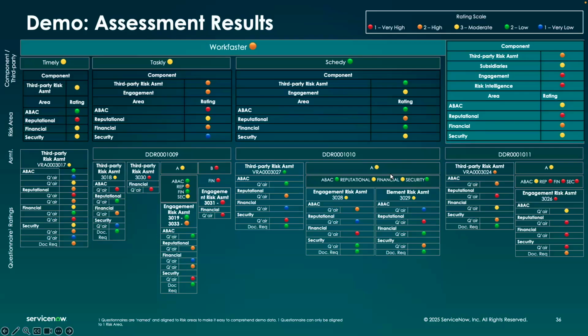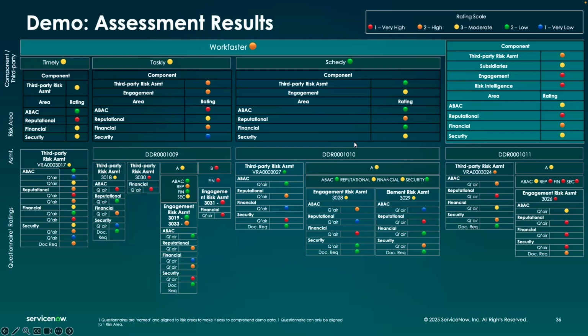So before we look into that, overall, what we are looking at is how these components come together in terms of deriving the risk rating for Workfaster, and how these components individually at the subsidiary level come together for deriving the risk ratings of these subsidiaries, right?